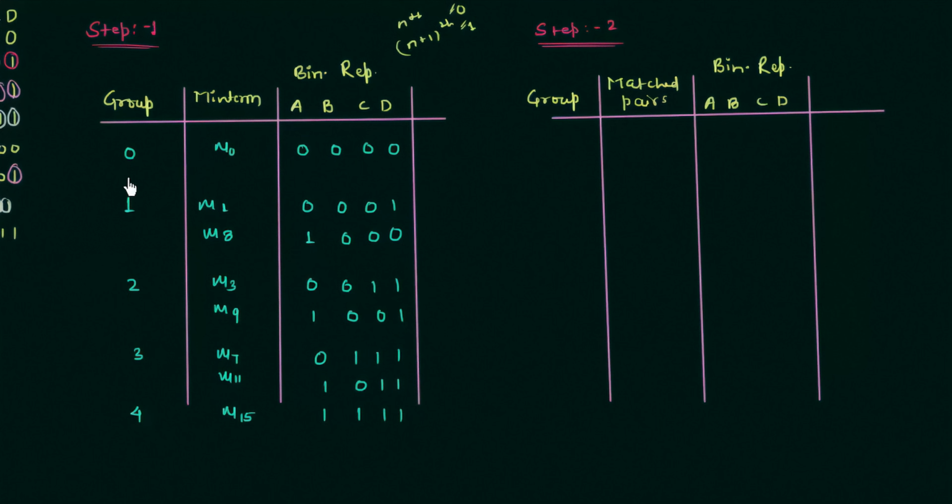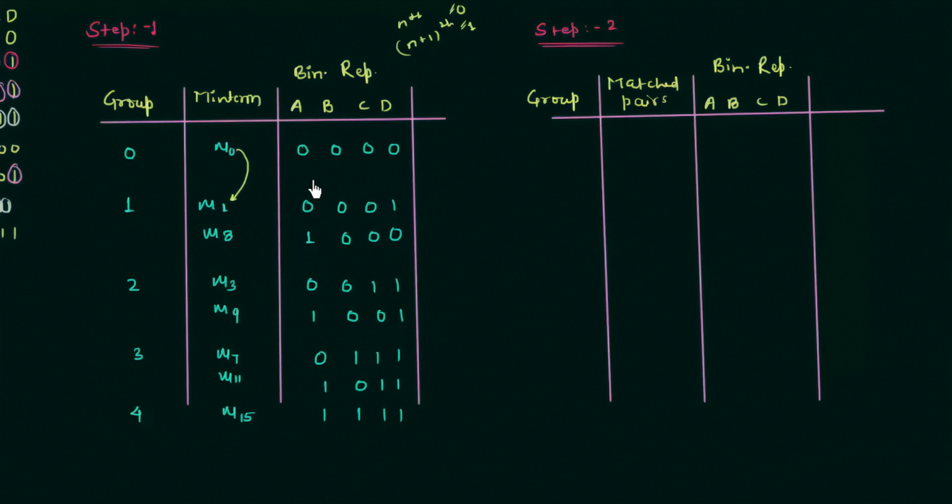Very simple. If we compare the min terms of group number 0 with the min terms of group number 1, for instance, let's say I'm comparing M0 with M1, then it is a matched pair only if there is a difference of one variable.